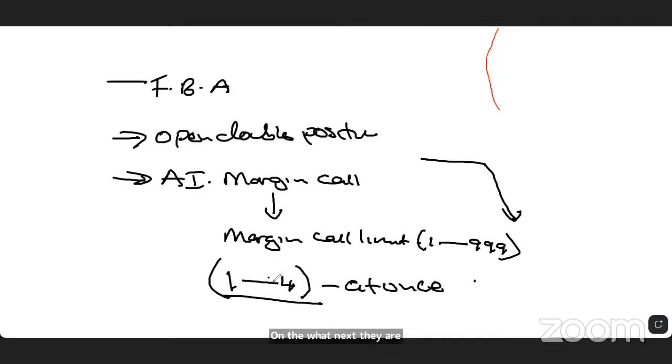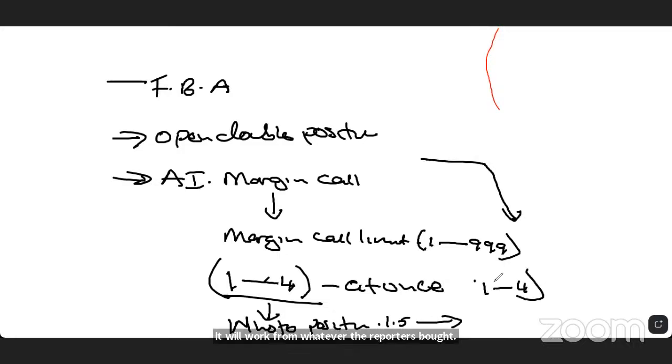So the whole position take profit that you put, let me say 1.5, or 3%, will work on whatever the robot has bought from the first call to the fourth call, all grouped together.